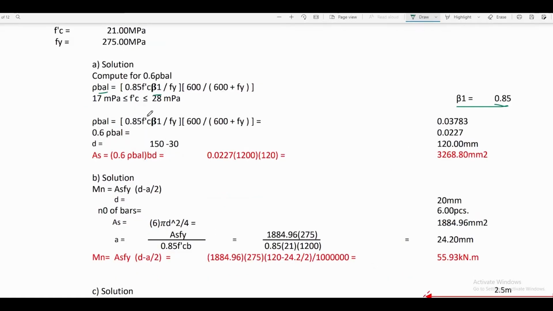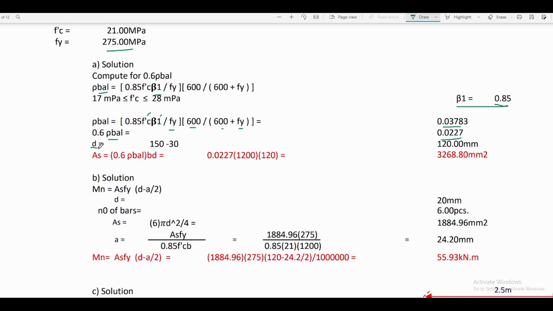If we now substitute f'c equal to 21 megapascal, beta 1 equal to 0.85 and fy equal to 275 megapascal, we multiply it by the quantity 600 divided by 600 plus fy, where fy is equal to 275 megapascal. We can obtain the value of rho balance equal to 0.03783, and 60% of that value, that is 0.6 multiplied by rho balance, is equal to 0.0227.